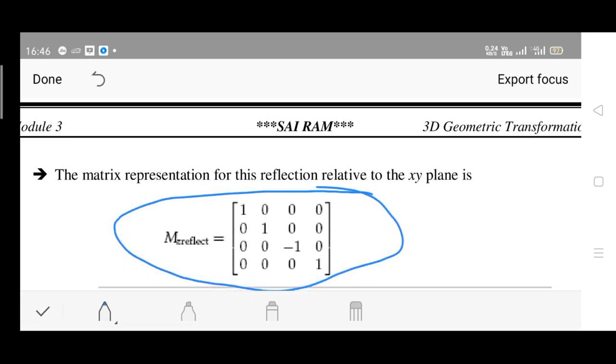So it is called Mz reflect, since it is relative to the xy plane. For z reflection, the coefficient of z you need to mention as -1. Please remember, this is z reflection, which is relative to the xy plane.